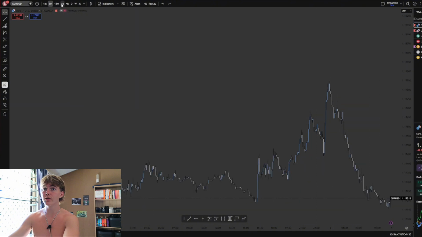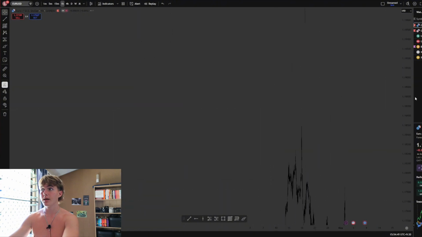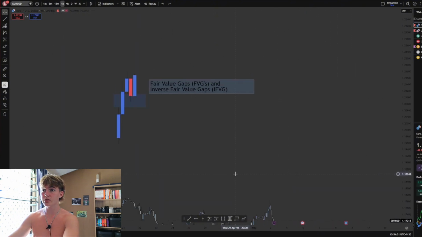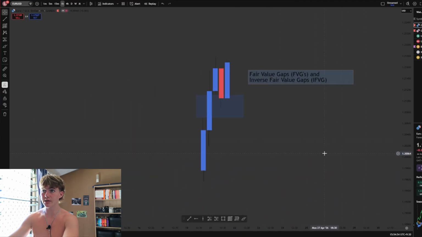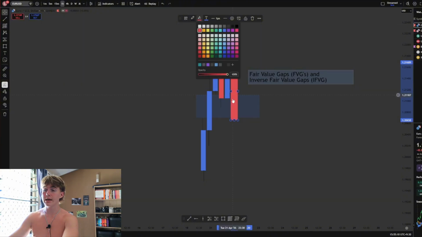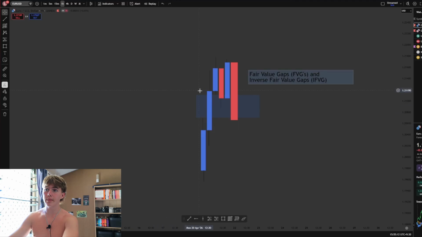So this is where inverse fair value gaps come in. And this can also be used as a change in trend, like a break of structure. An inverse fair value gap is when a fair value gap gets closed. Just like a break of structure, it needs to fully close and disrespect it.